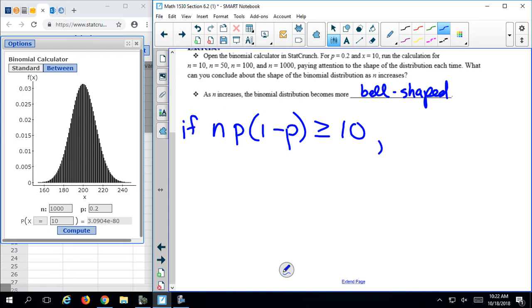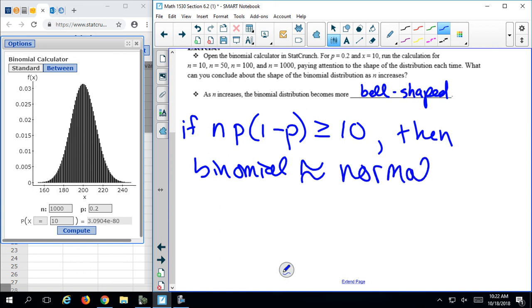If this is true, then the binomial is really close to the normal distribution. And if you make n go up more, then it'll get even closer. But as long as this calculation is at least 10, then you have a pretty good approximation of the normal distribution too. Okay.